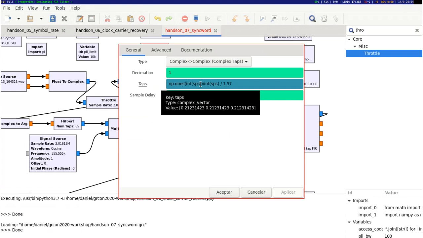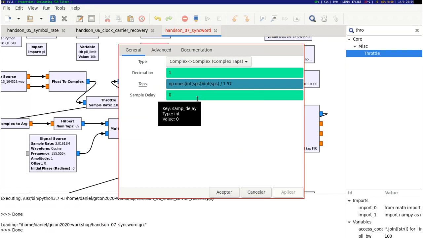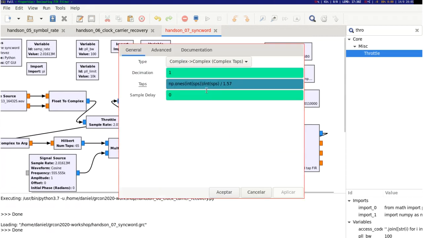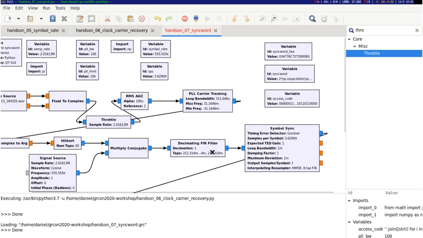I'm only using three samples to average instead of 3.6. So a fractional resampling could be used to arrive to samples per symbol which is integer or close to integer, and then this filter would be better.